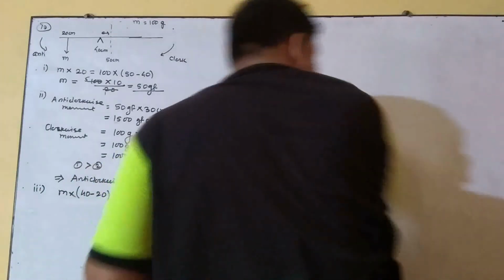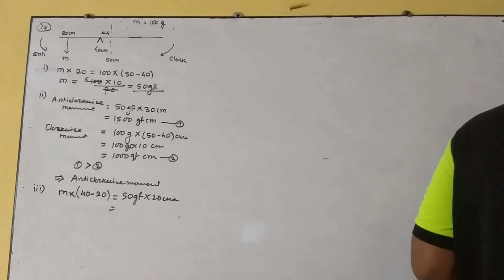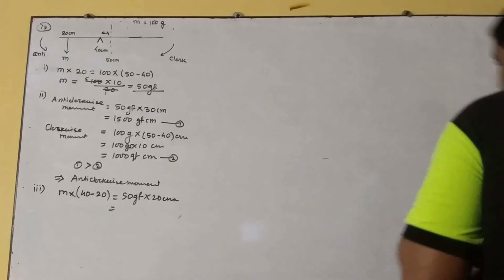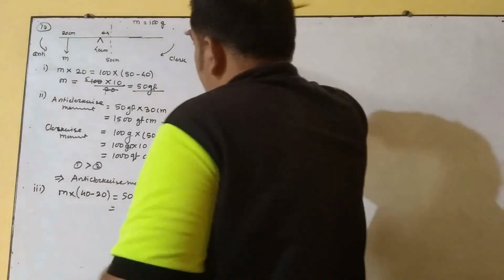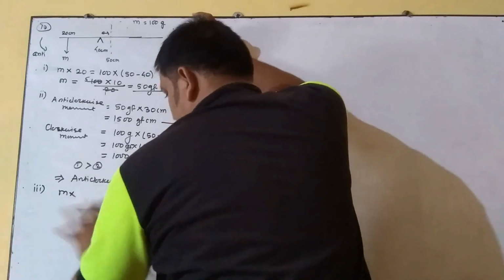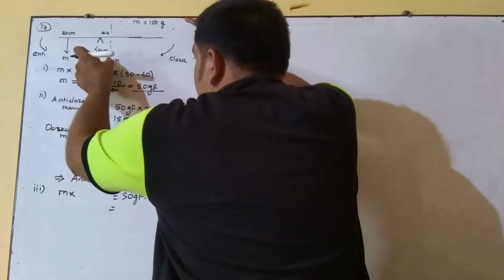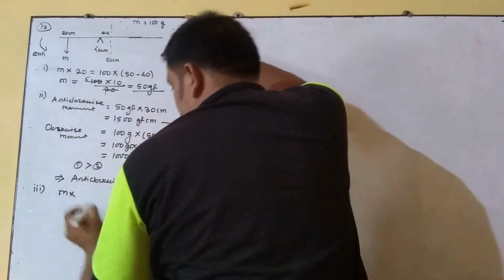And the requirement of the question is, what is the resultant moment now? So mass into 10. This is the mass of the ruler balancing at 50 centimeter and the fulcrum is at 40.